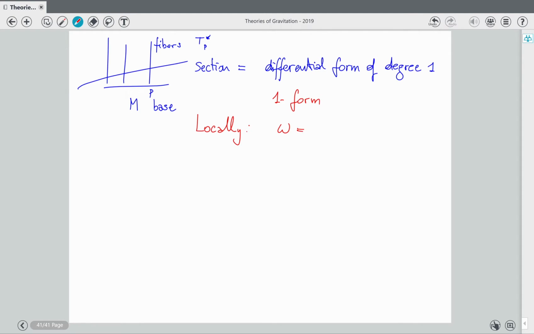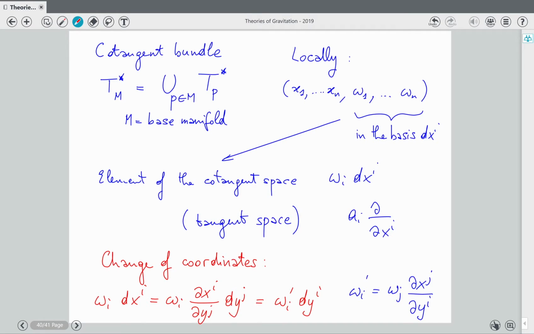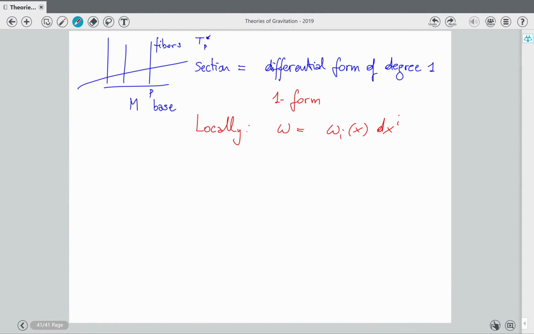Locally, omega is equal to omega I of x dxi, summing over I, of course, and then when you have intersections of charts, you do what is written here to switch from one set of coordinates to the other set of coordinates and then move on along the other chart.